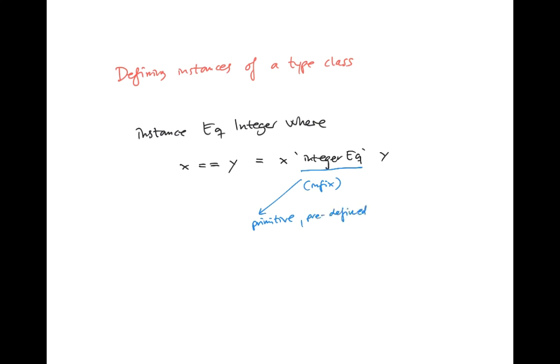But it doesn't have to be that, because in an instance declaration of the form instance, some type class and some type, where then whatever methods we're talking about, this method is just a function definition, and you can write anything that you would normally write in a function definition.